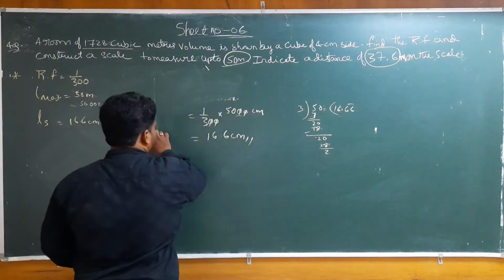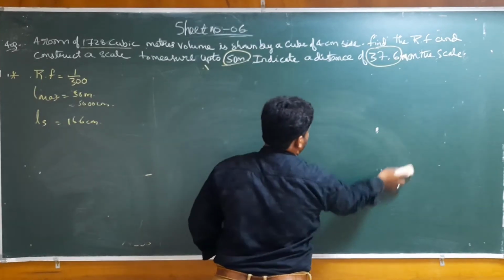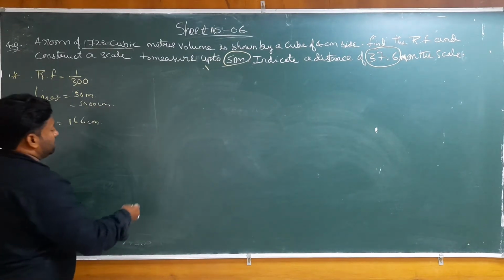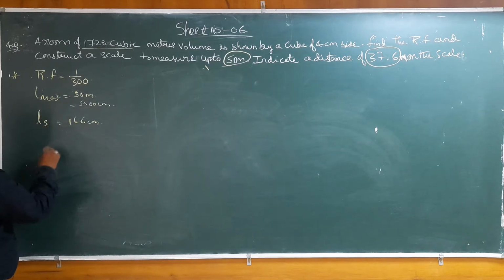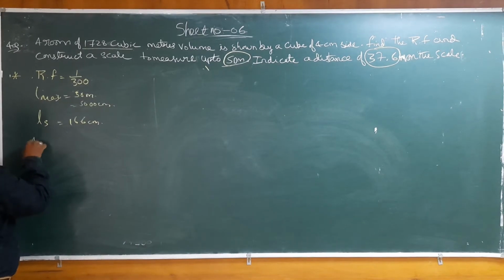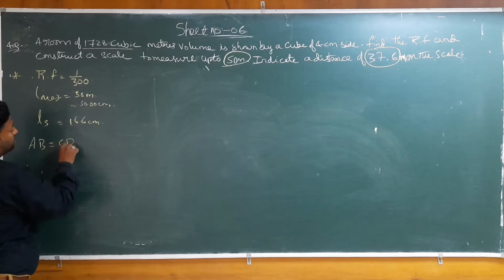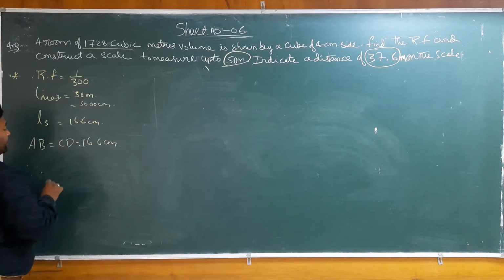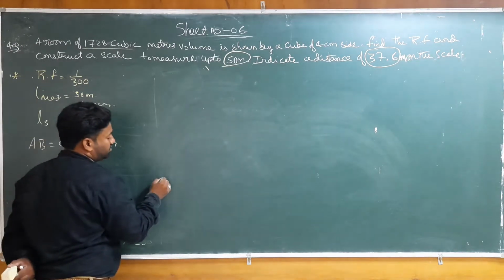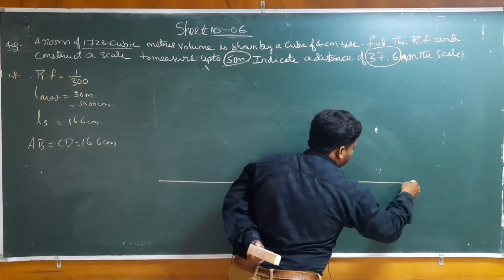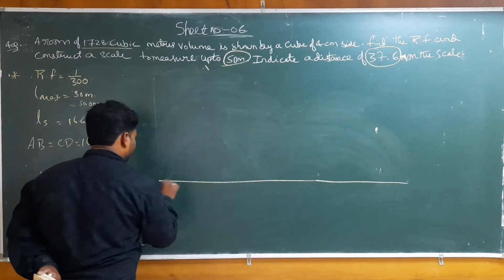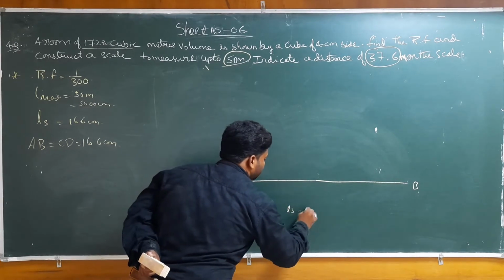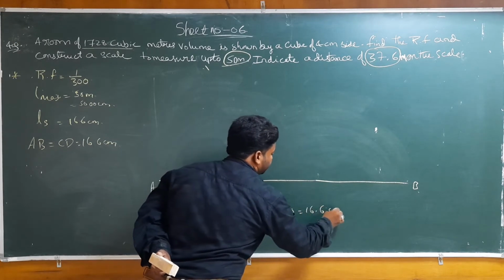Now we will draw the diagram. To draw the diagram of the scale, length of the scale is 16.6. So we will take AB is equal to CD is equal to 16.6 centimeters. We have to draw a rectangle. For that, the very first thing, this is our A, this is B, length of the scale LS is equal to 16.6 centimeters.